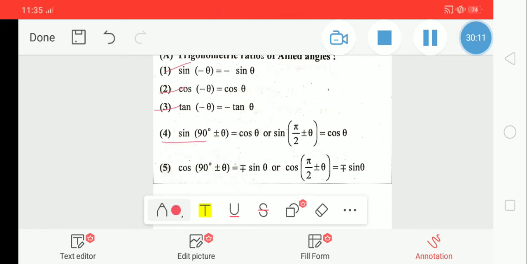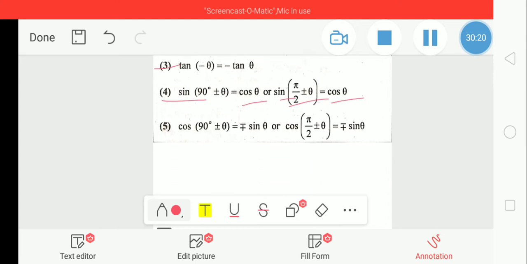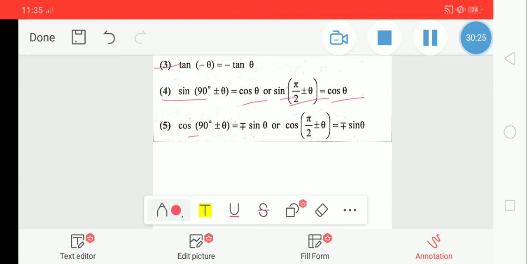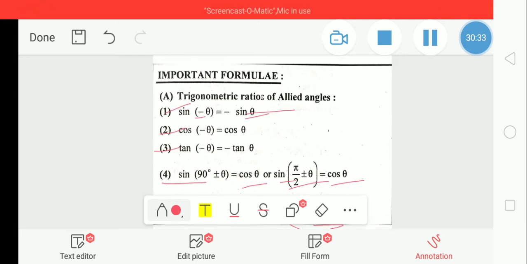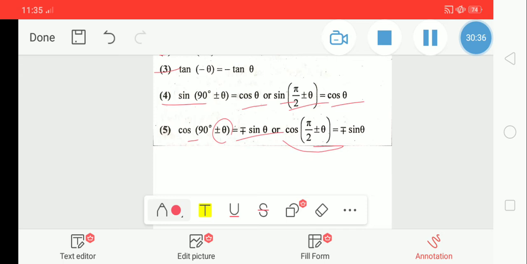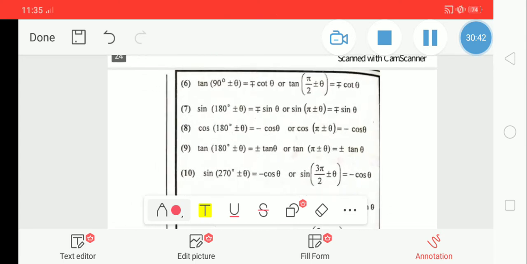Now we know that sin of 90 plus minus theta is equal to cos theta, and 90 means pi by 2, so pi by 2 plus minus theta also gives cos theta. Cos of 90 plus minus theta gives minus plus sin theta, meaning minus sin for plus theta. Here the value that comes will be written here, so cos. 90 means pi by 2, that is the same.